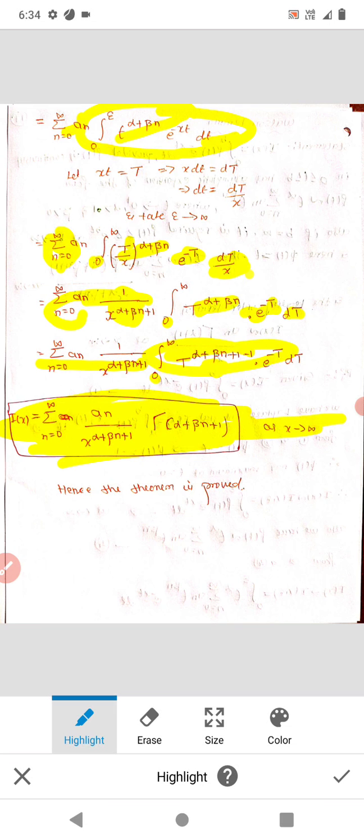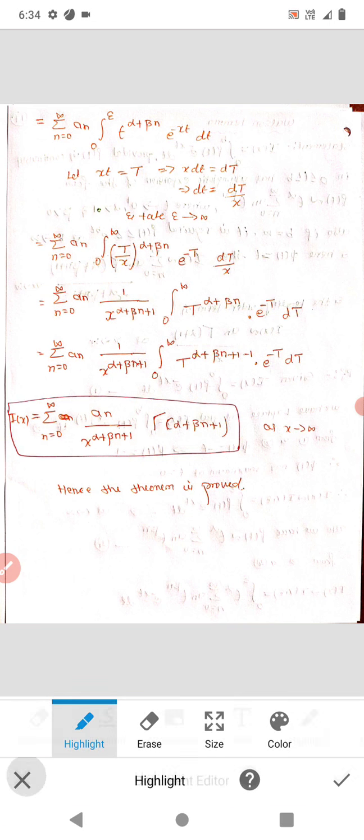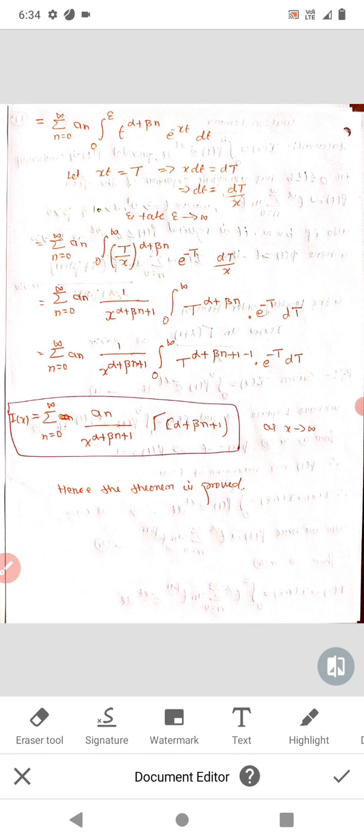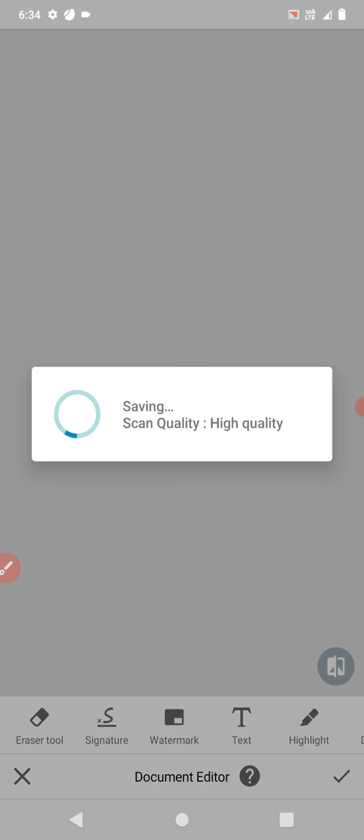Okay, now let us see some problems related to Watson lemma.